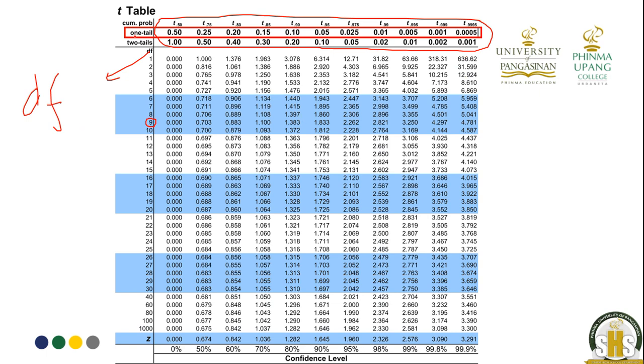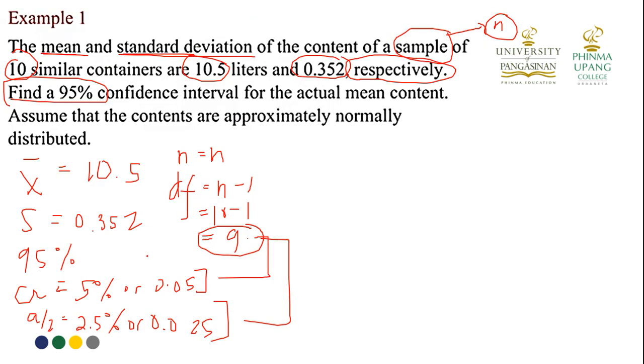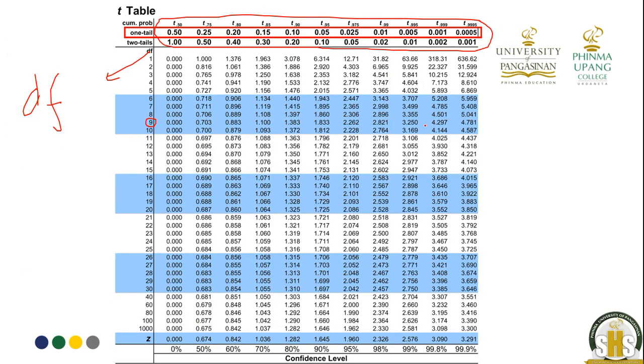Again, the red box is one tail, and below is the two tail. Earlier, we have 95% as our confidence level, and one tail is 0.025.